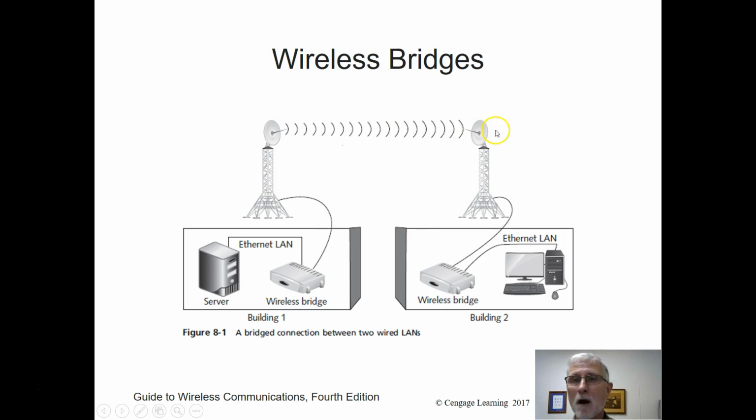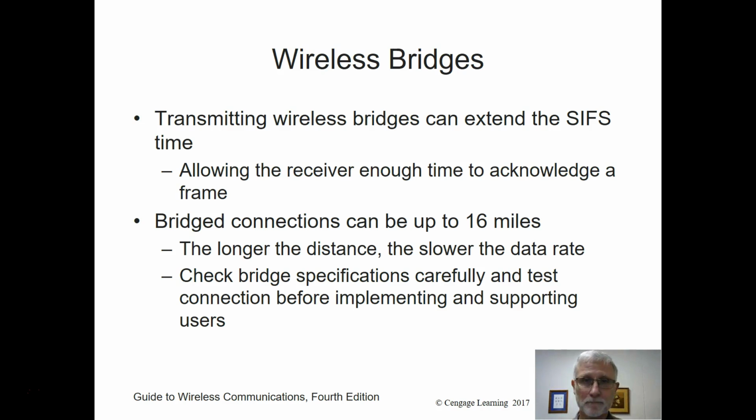So I've got a point-to-point wireless link, but instead of an access point, I'm just going wireless here. It's hardwired here, wireless again. So it gives you a combination of both wired and wireless to bridge those gaps.